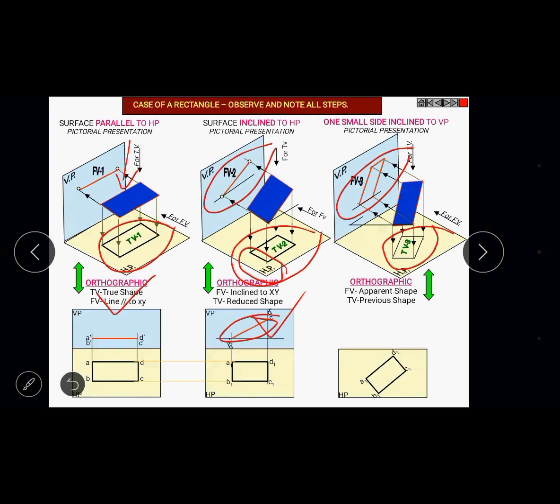In the third step, the top view is a tilted irregular shape lamina and the front view is also an irregular shape lamina. This is the basic concept of projection of planes, with resting of the lamina on either the horizontal plane or the vertical plane.